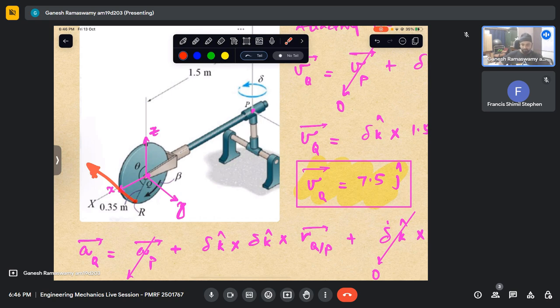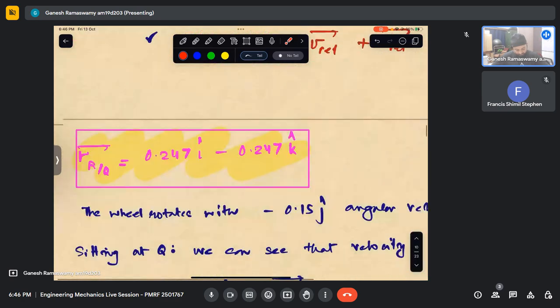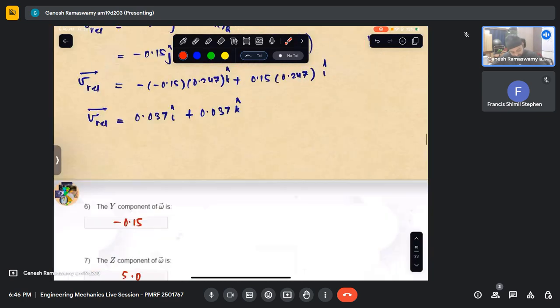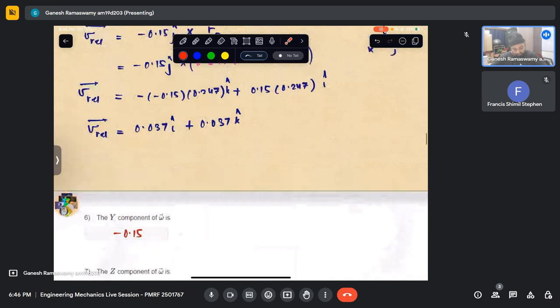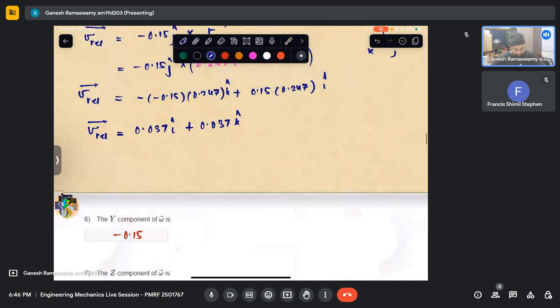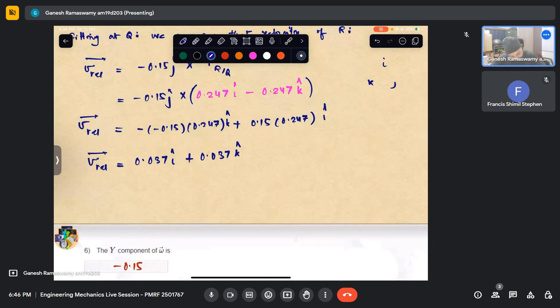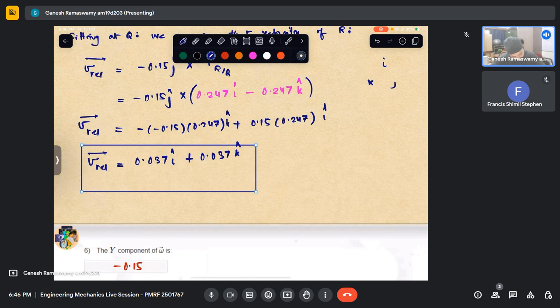So if I were to resolve this vector, this will be my z component, this will be my x component, with both being equal. Do I get that as my answer? Yes, I am getting both these quantities and both are equal. So that makes sense. Positive x and positive z coordinate. So VREL I know now.